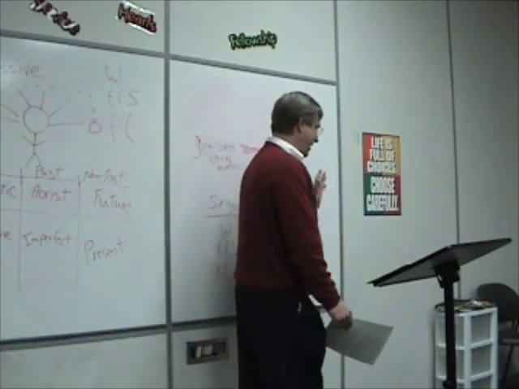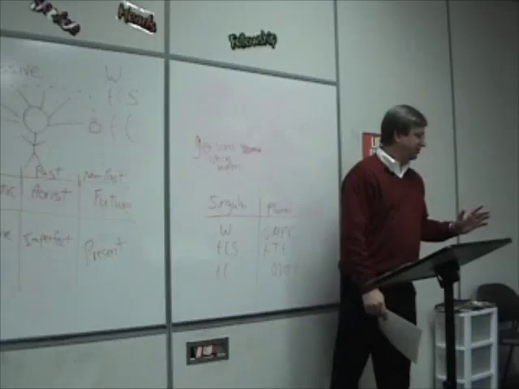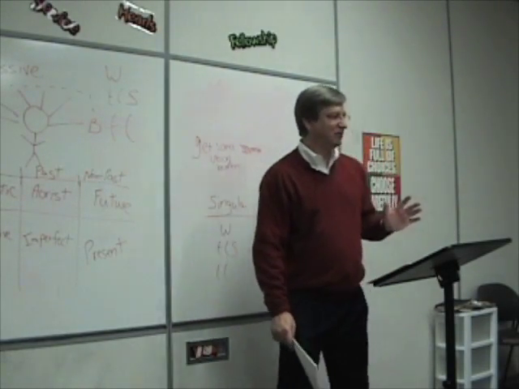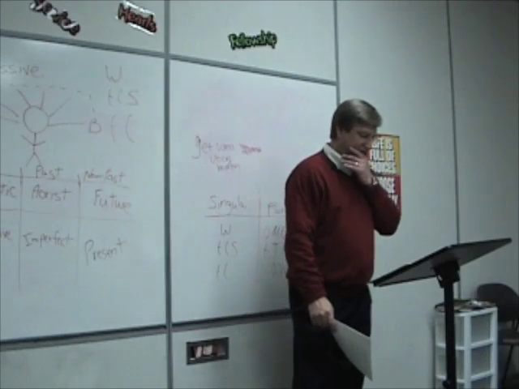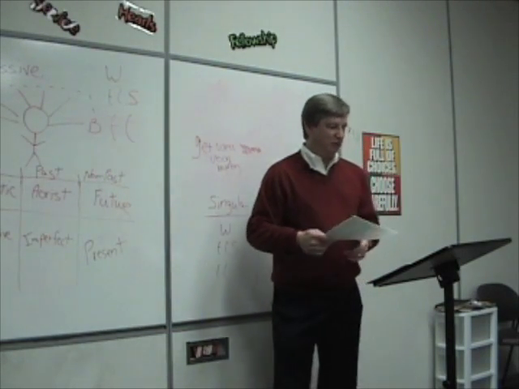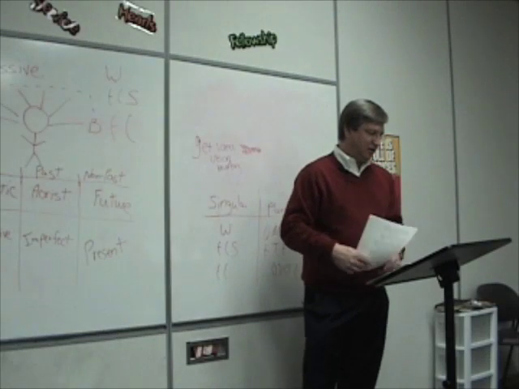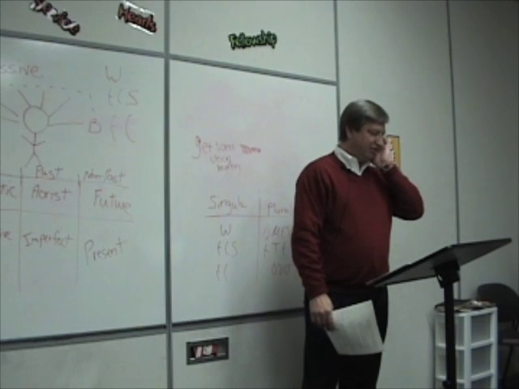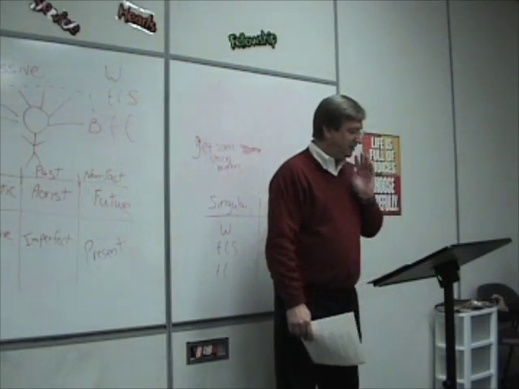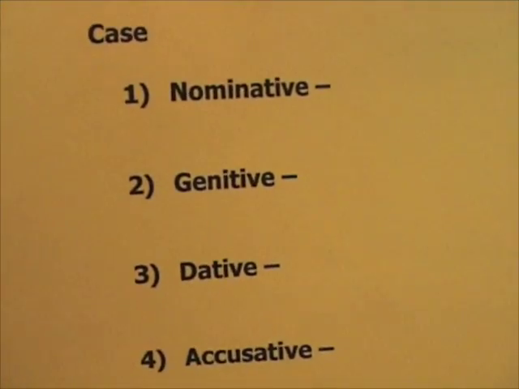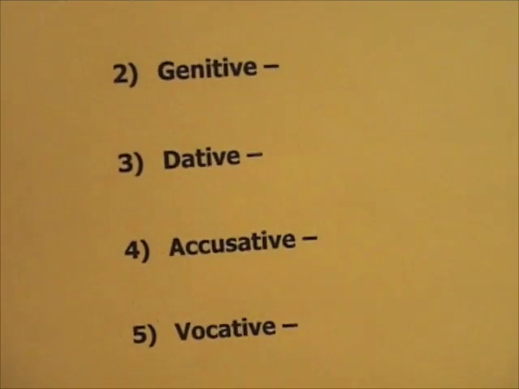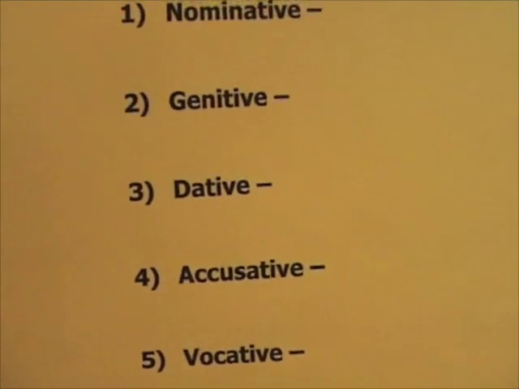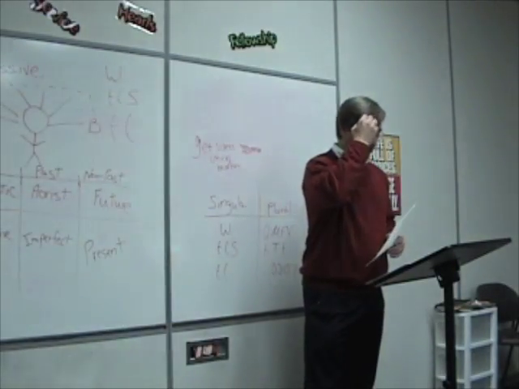If you take your handout tonight and turn to the last page, it says cases. I'm going to run through this again and explain the 5 cases. The 5 cases are the nominative, the genitive, the dative, the accusative, and the vocative. Some Greek grammars use 8 cases, but we're not going to worry about 8. We're just going to try to get 5.